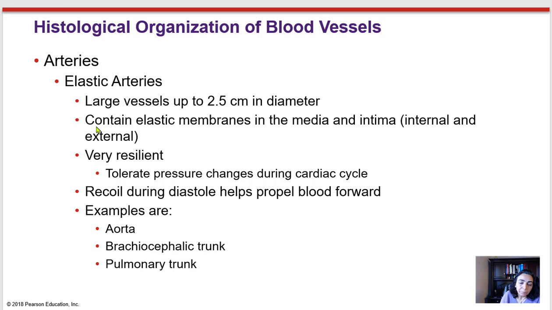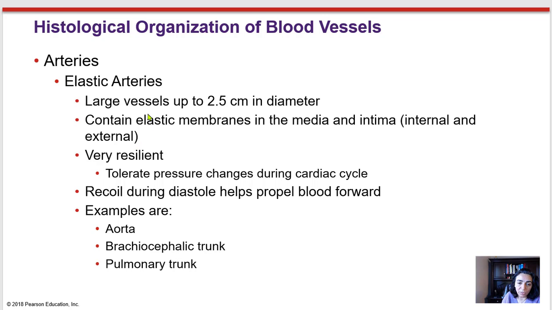Then the thing that makes them elastic arteries is that they have the elastic membranes between the media and intima, the internal elastic membrane and external elastic membrane, that we have discussed in the wall of the arteries, and we have seen where they are located.